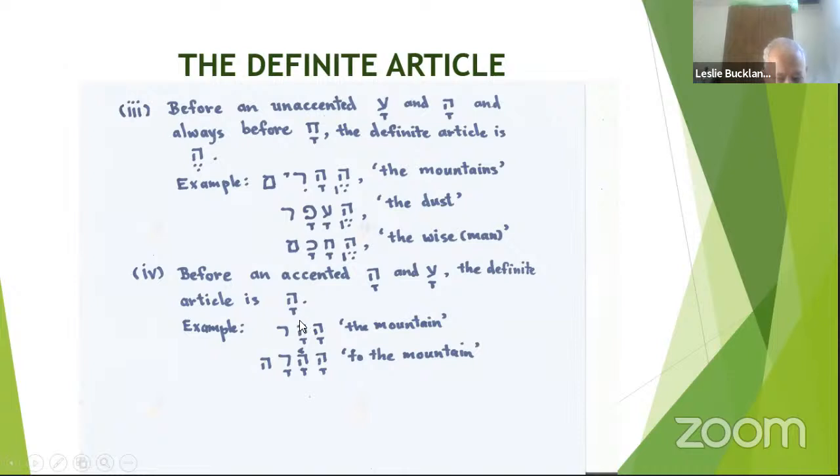So we are dealing here with the accented ha. And before an accented ha, the definite article must have a kamis as the vowel under the he. Ha is the, har is mountain, the mountain.